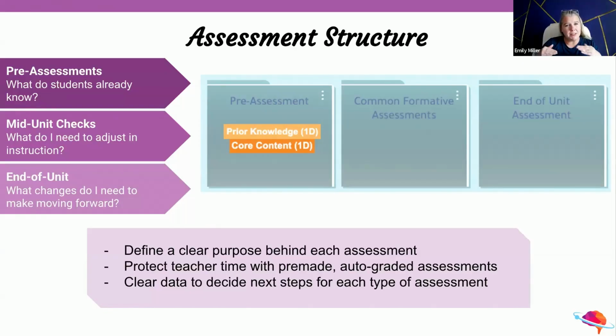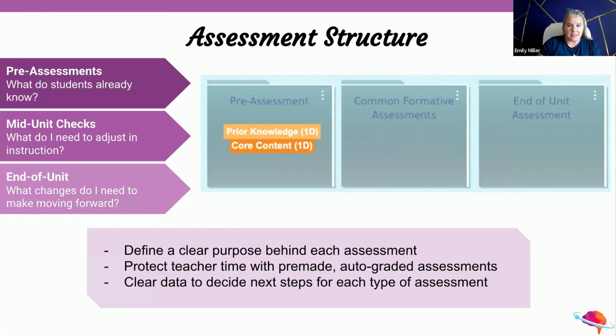What's nice about having a mix of these is, one, you're ensuring that they know previous content, but also you're figuring out where that content may stop, because they might have some understanding of that current grade level content. So you can get a gauge of what might need to be retaught, what they already know, and what needs to be reinforced before you actually dive in and start teaching.